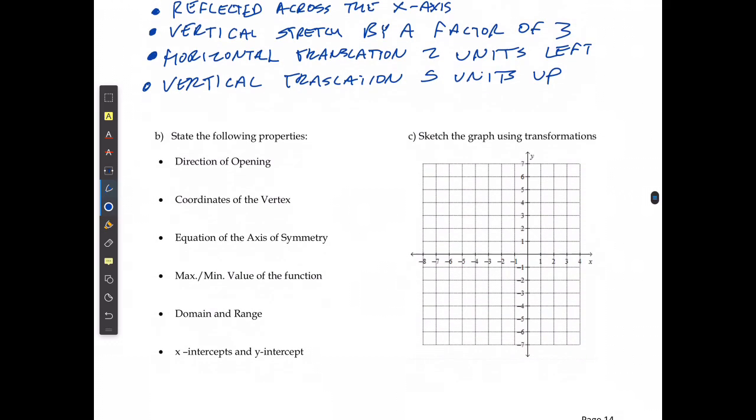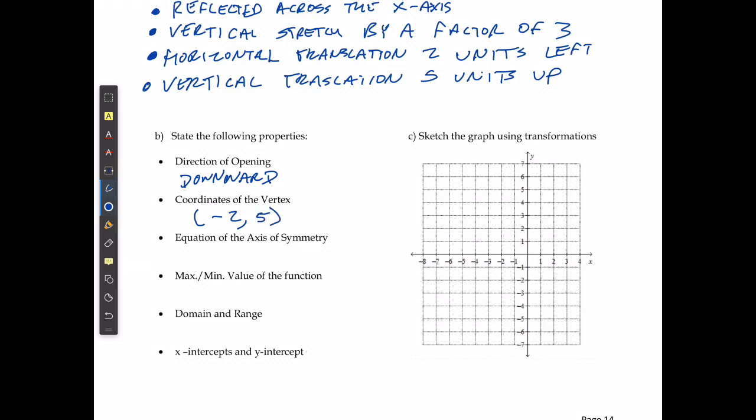Based on the properties of this, because it is reflected, that means that it's going to open downward, because I have a -a. The coordinates of the vertex are going to be at the p and the q value of -2 and 5.